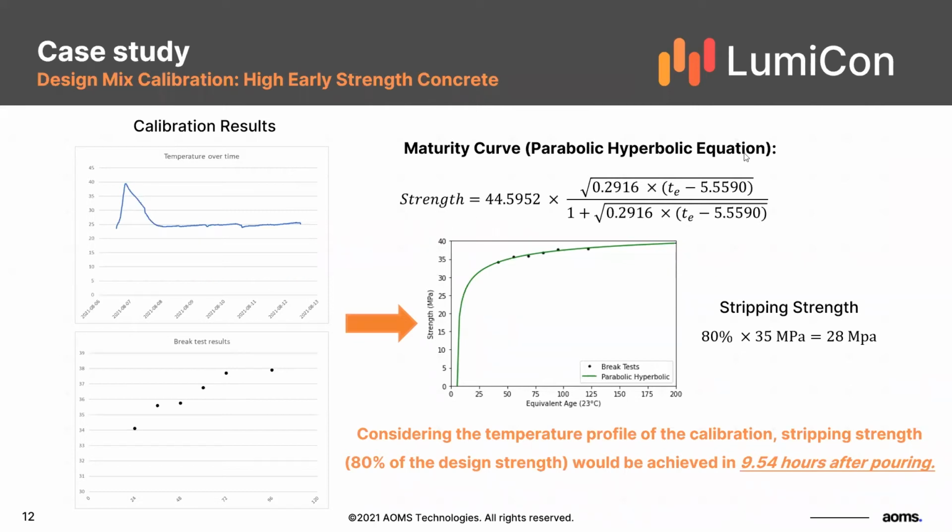We did the calibration and realized that the best maturity curve for them is the parabolic hyperbolic equation, and it was a concrete that they were stripping on a 3-day cycle. Then we proved to them that 70% of the strength is actually achieved in less than 10 hours. So they can potentially save about 2 days per pour, which is a huge time saving using the maturity method compared to the cylinders.